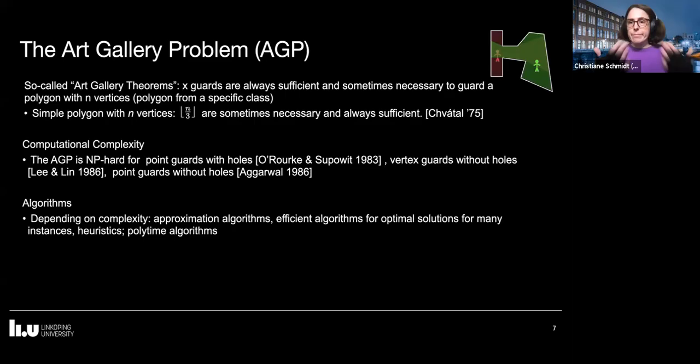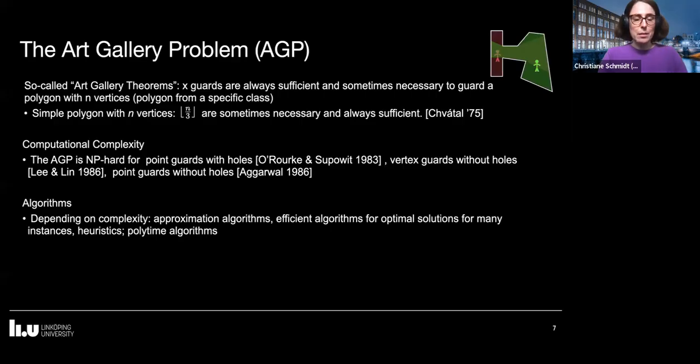And then, of course, the next step that people looked at are algorithms, and that depends on the complexity. What exact polygon class do we look at? And also there are some other things that we can vary. That could be approximation algorithms, efficient algorithms for optimal solutions on many instances, or heuristics.